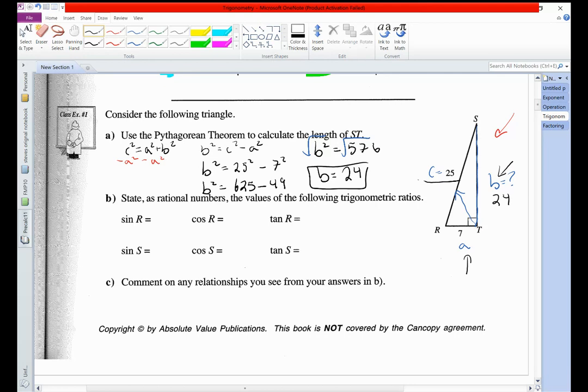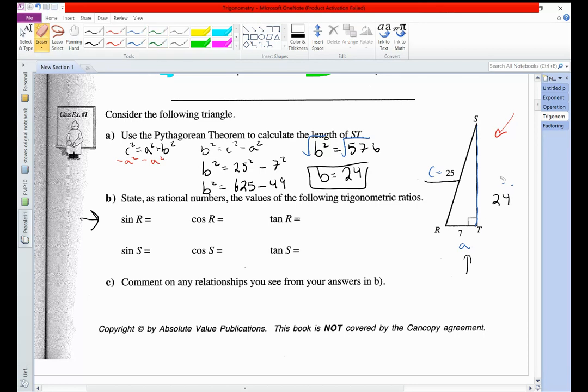So state as rational numbers the values of the following trigonometric ratios. You can see the top row here is using r as the reference angle. Maybe I will use green here.